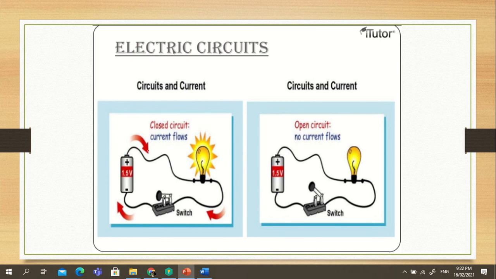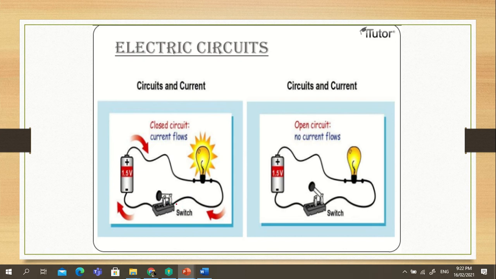This terminal here is connected to one part of the bulb, and the other end is connected to this part of the bulb. Because this is a force, class, it will push the electrons to flow into the circuit. So when the charge flows into the circuit, this bulb will light up.